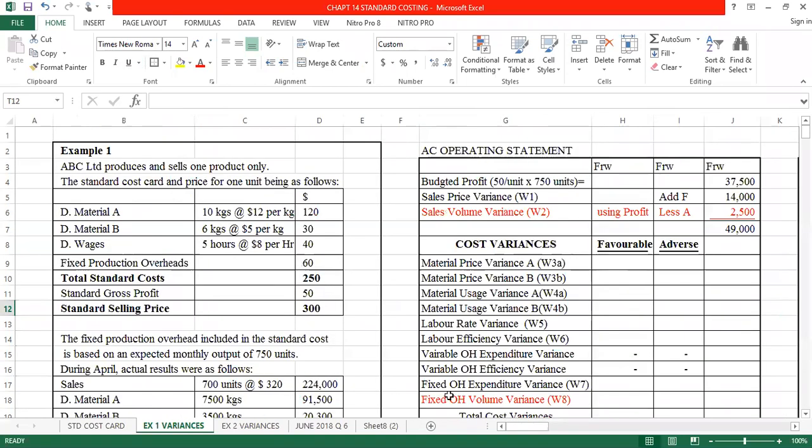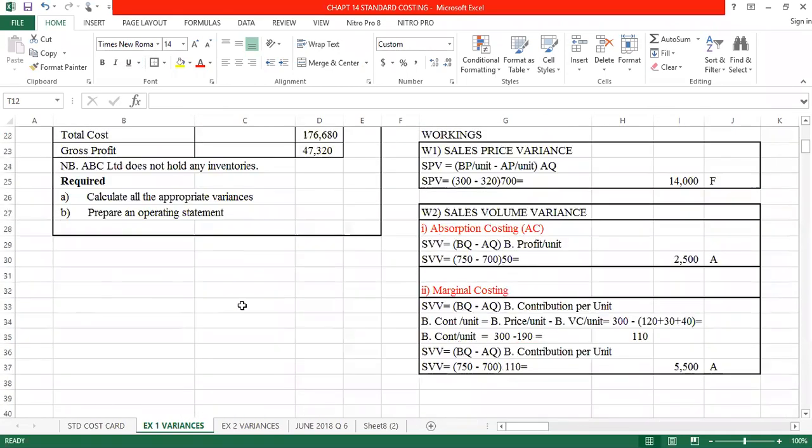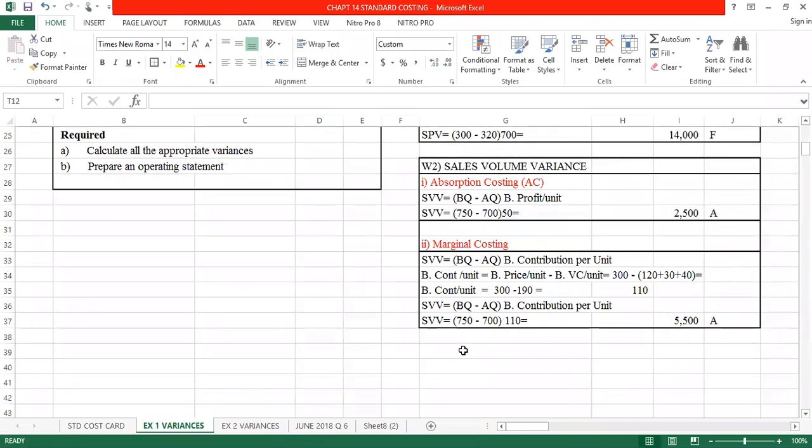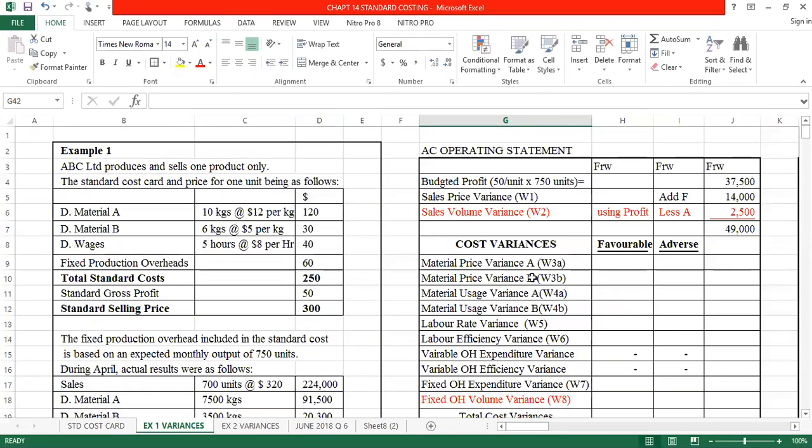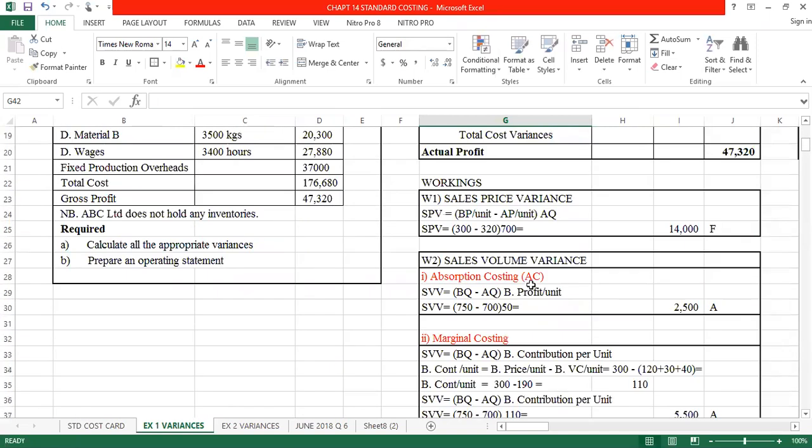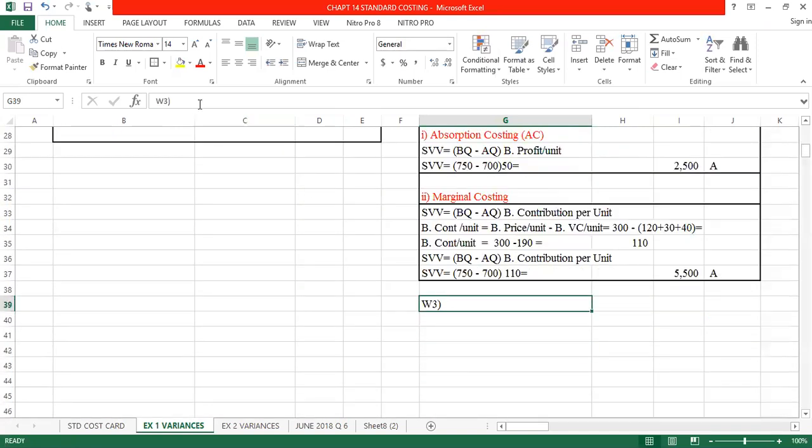So let's continue. We are done with the sales variance. So let's go to the next, working 3. Working 3 is material price variance.